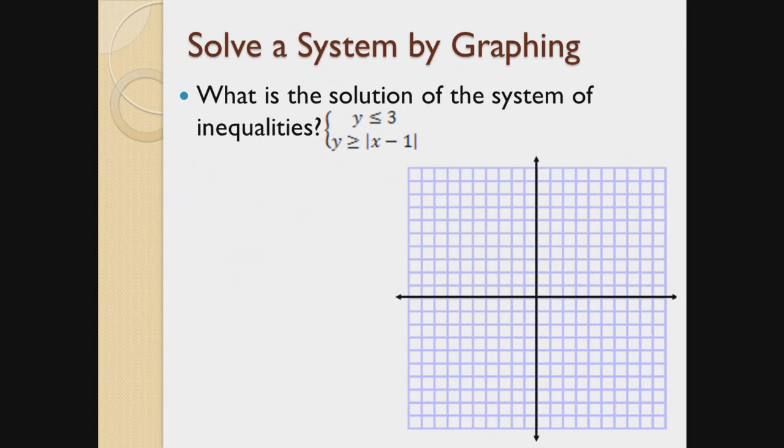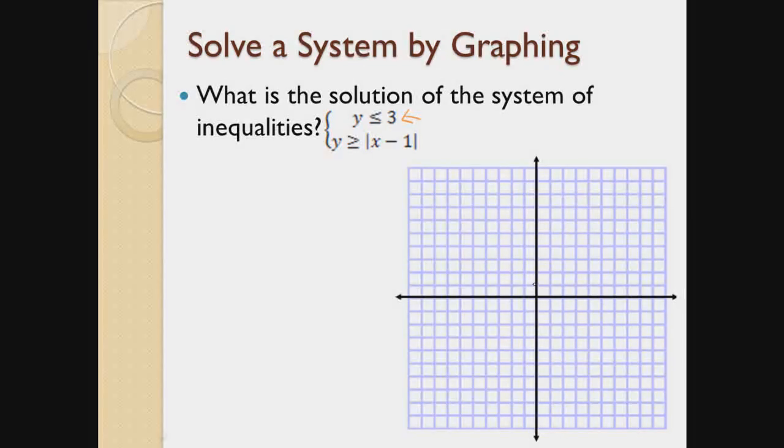So let's try another one. This one has absolute values in it. So what is the solution of the system of these inequalities? Remember that if I'm trying to graph the line y is less than or equal to 3, I would be going through the y-axis parallel to the x-axis. Because there is no x, you cannot touch the x-axis.